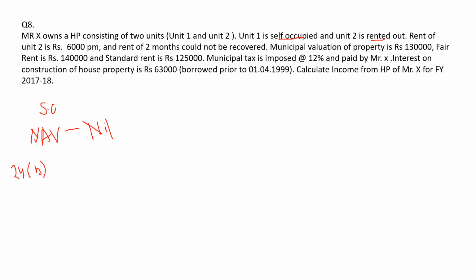And from 24B we will be getting a deduction. How much will that be? The interest on the loan for construction of the house property is 63,000, and this 63,000 is for the whole house property.